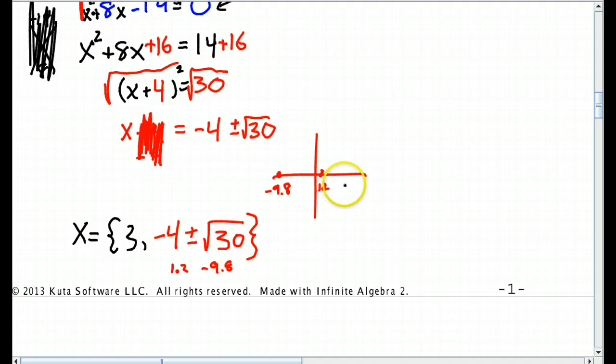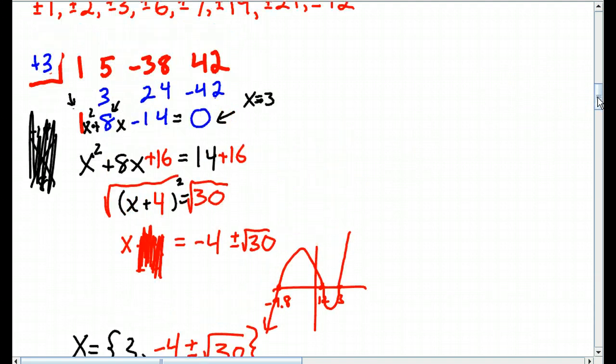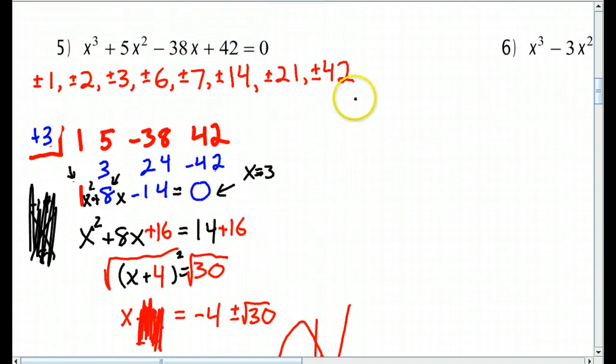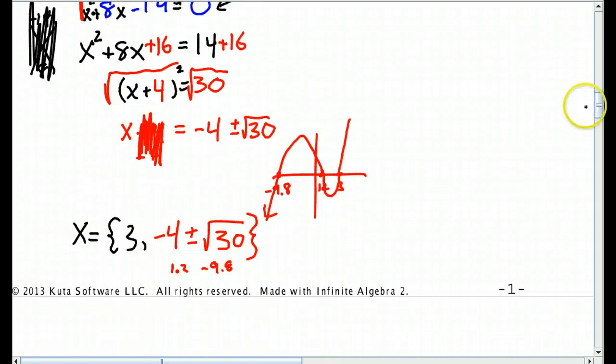There's 1.2, here's 3, it'd probably come down, go back up, come back down. The y-intercept is actually 42. So it'd actually go up really, really high. Right here would be like 42.